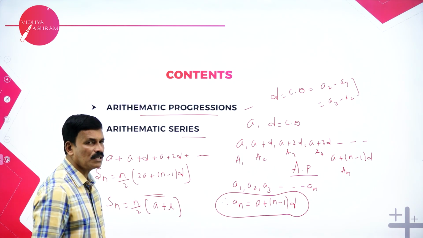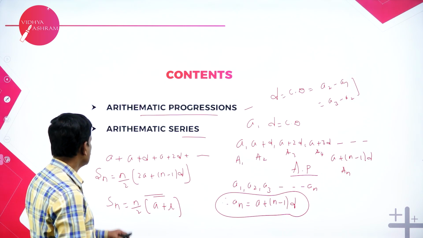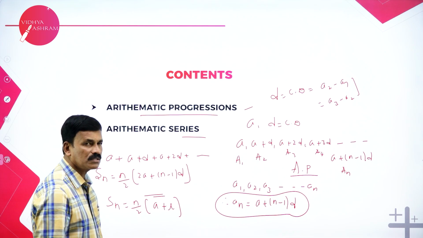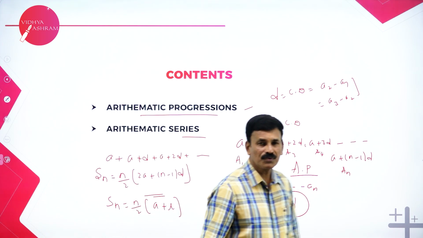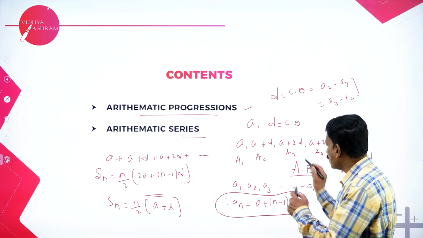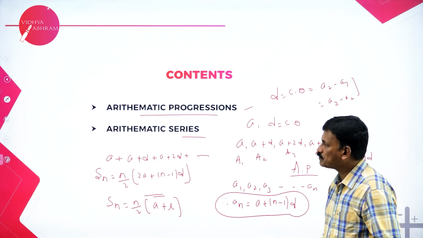This is called the sum of n terms of an arithmetic progression. Now, based on this, let us move on to a problem.